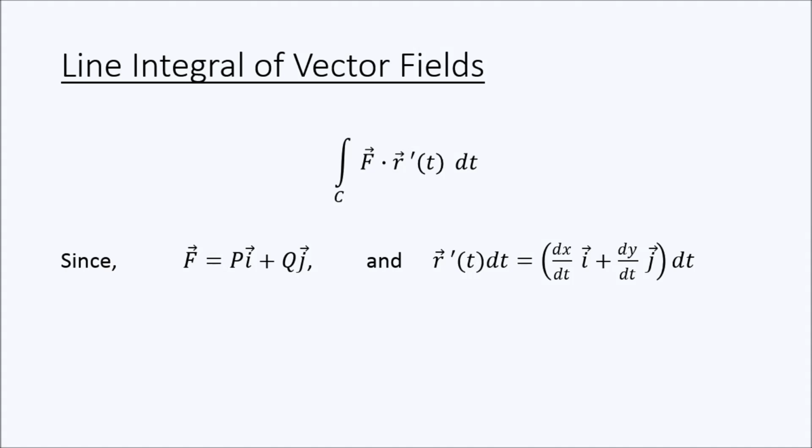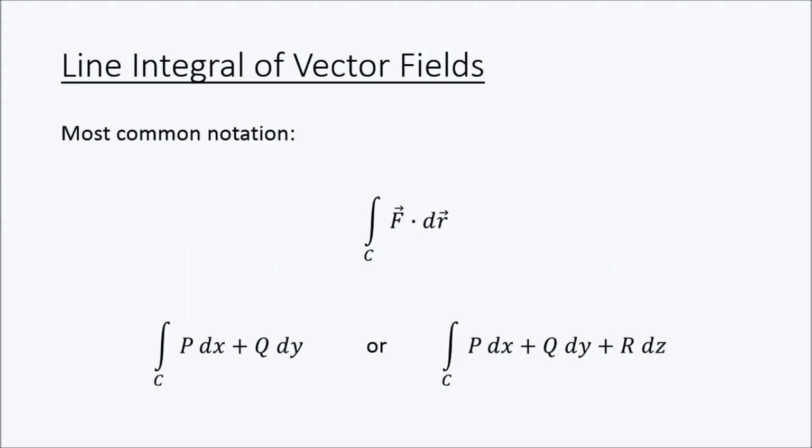Find the corresponding components, so P and dx, and Q and dy, multiply them, find their product, and then sum them. And so the most simple way we can write this is that our line integral over the curve C is P dx plus Q dy. This is another incredibly common way to write out our line integral of a vector field. And we are going to use this quite a bit as well. Maybe not as frequently as the other notation, but this would probably be the silver medal. This is second place for how we represent these vector fields.